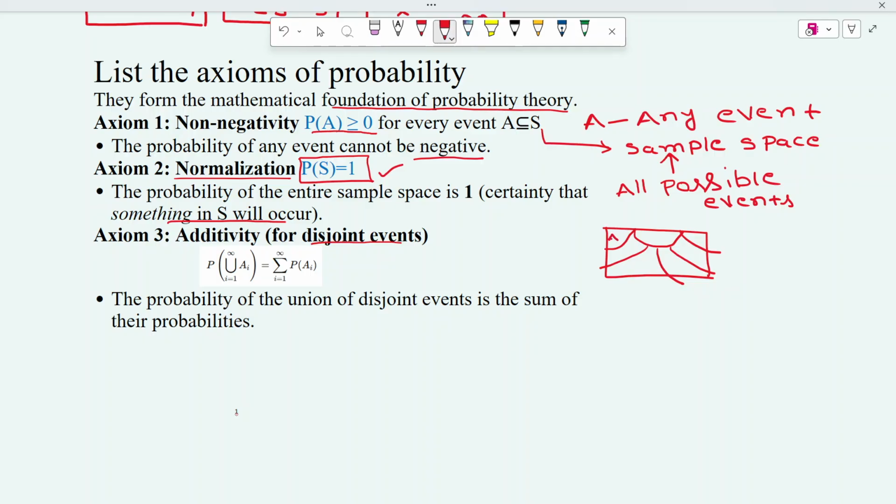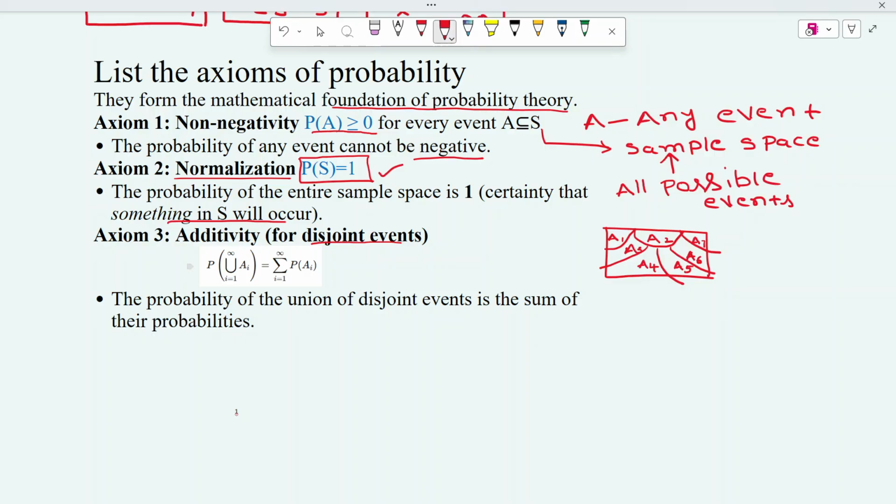You can call these a1, a2, a3, a4, a5, a6, a7. All the events here don't have any common area. Such types of events are called disjoint events.